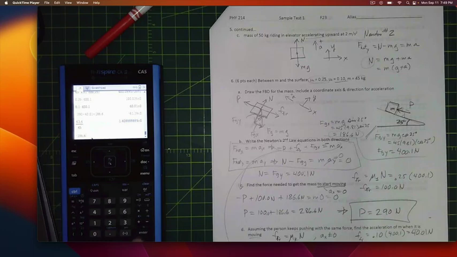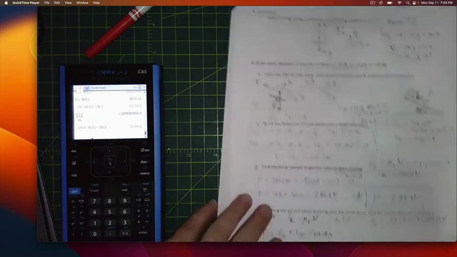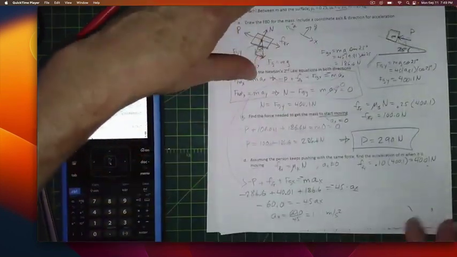See if that works out a little bit better. Negative 60.0. Sorry. Oh, okay.